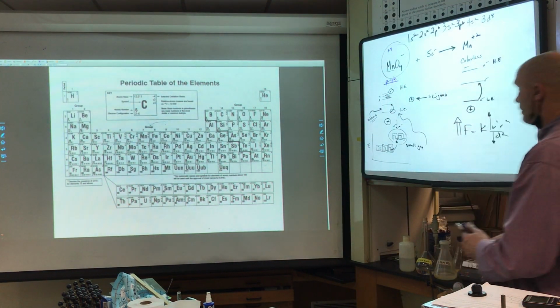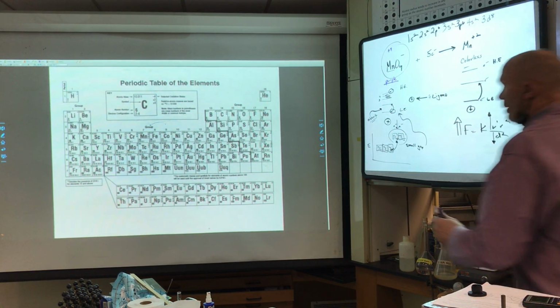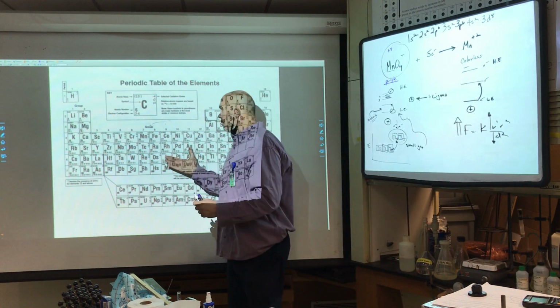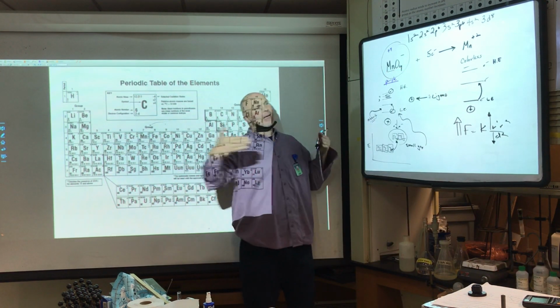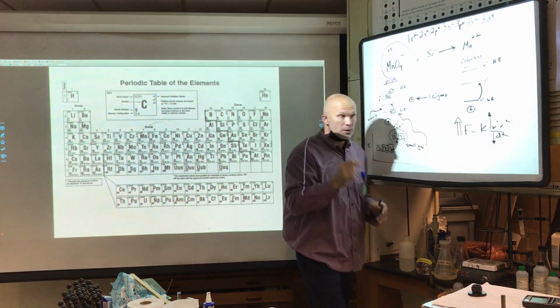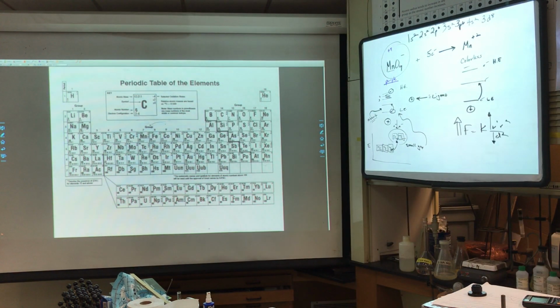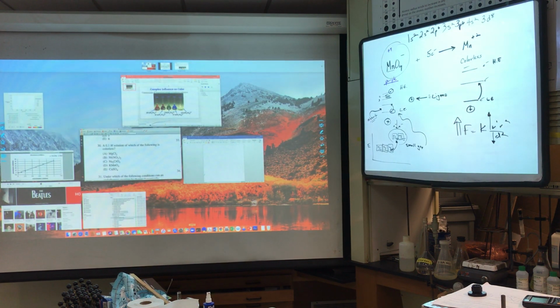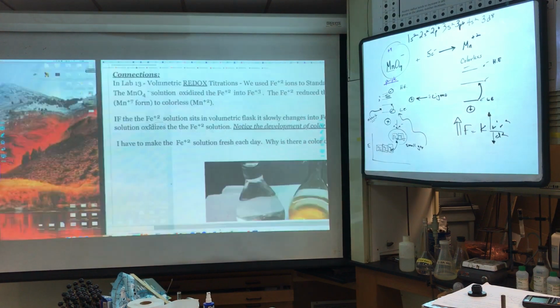All right, now, a couple of little things here. When they have color, the charges have to be high enough to be pulled in to create these gaps. That's important. Let's go back to the lab that we previously did. The first time we talked about this obviously was in our redox lab.